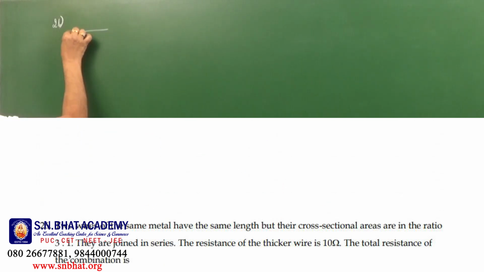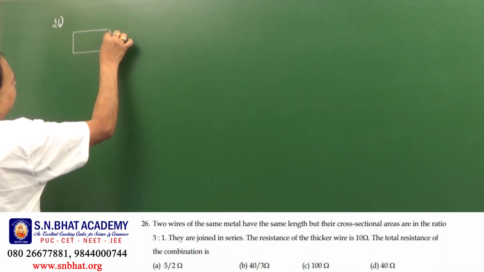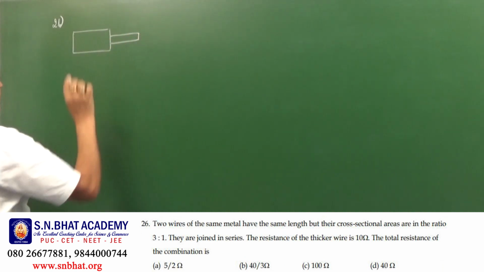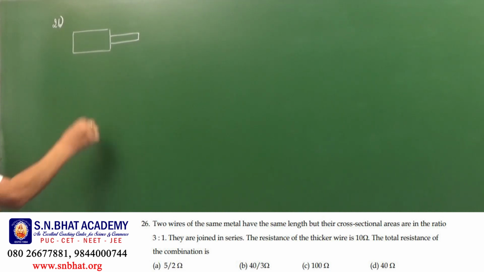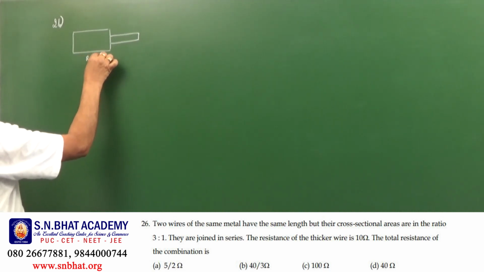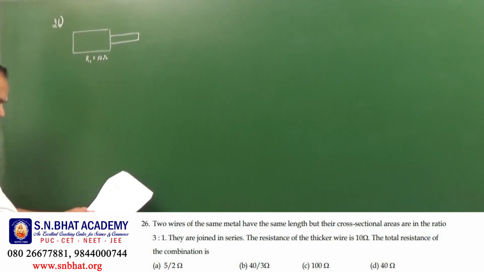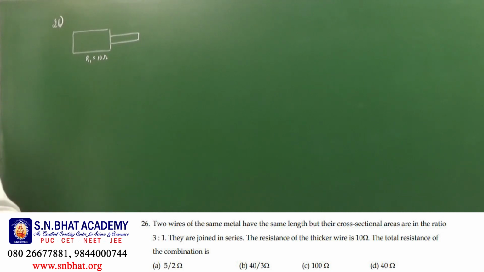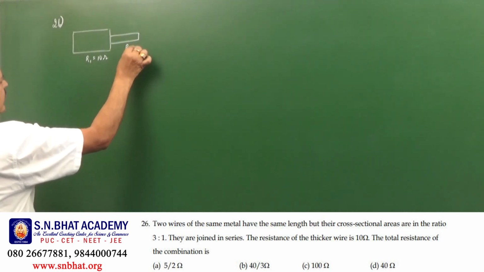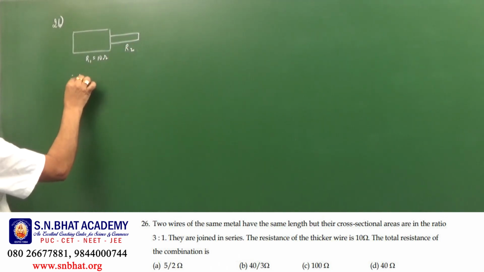That means one is 3 times thicker and the other is 1 time. They are joined in series. The resistance of the thicker wire R1 is equal to 10 ohms. His question is, what is the total resistance of the combination?